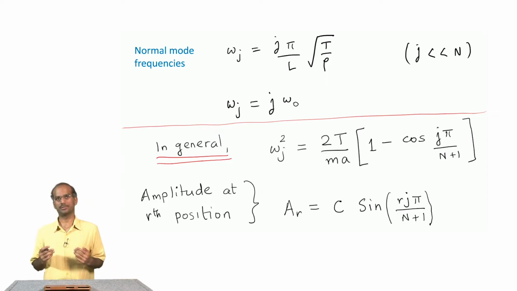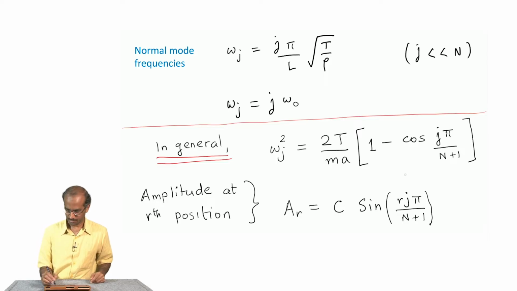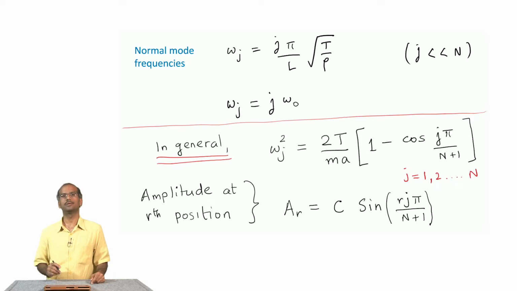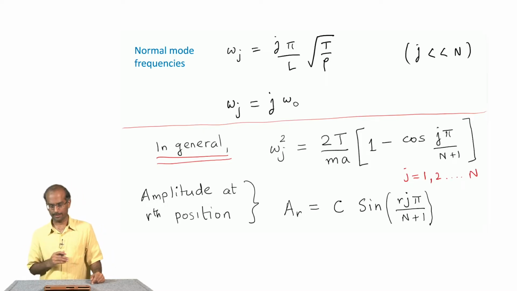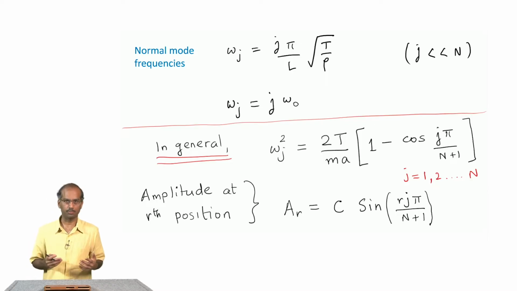For an n particle system, there are n normal mode frequencies, and this j is essentially an index for the normal mode frequencies. So, j goes from 1 to n. j equal to 1 would mean the first normal mode frequency and so on.